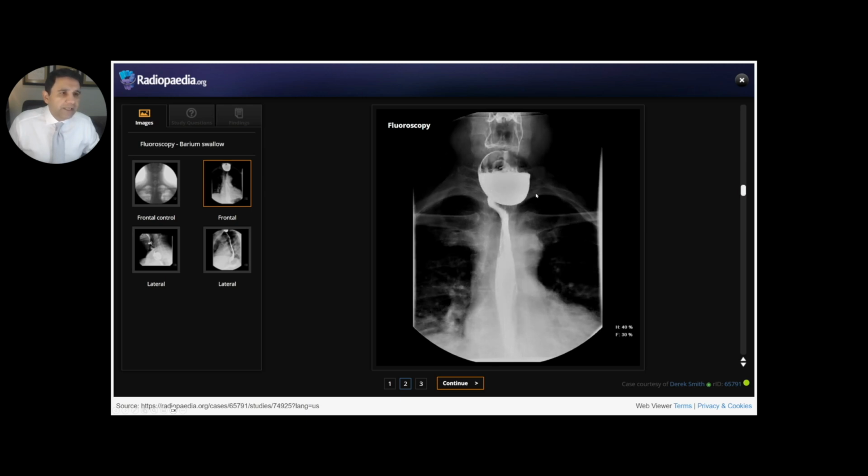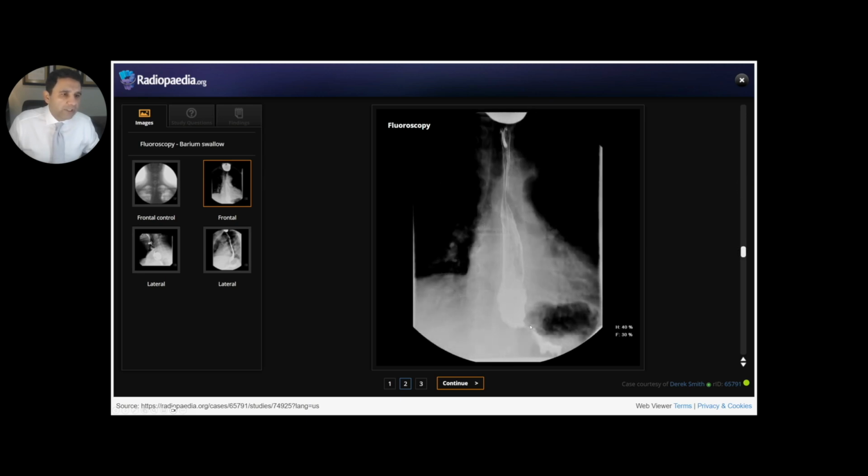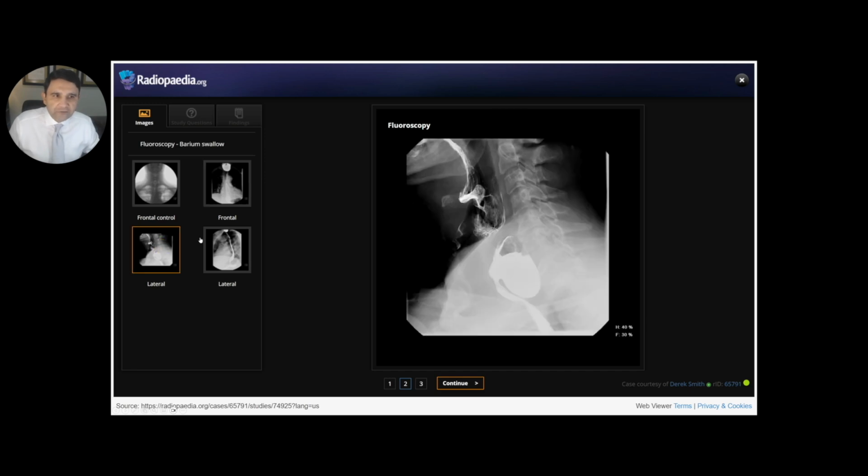And ultimately now you are seeing that the barium is actually going down the esophagus here. There is still barium in the Zenker's diverticulum, but some of it is making its way down the esophagus, and it goes down the esophagus and passes into the stomach. Let's look at a lateral.